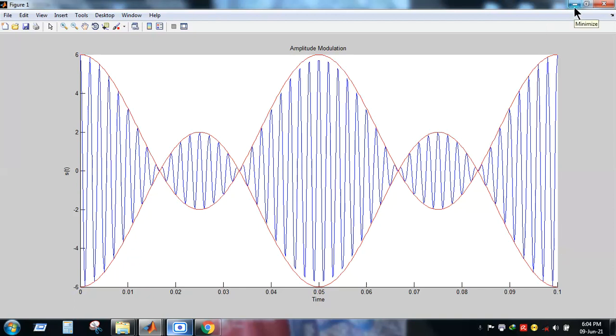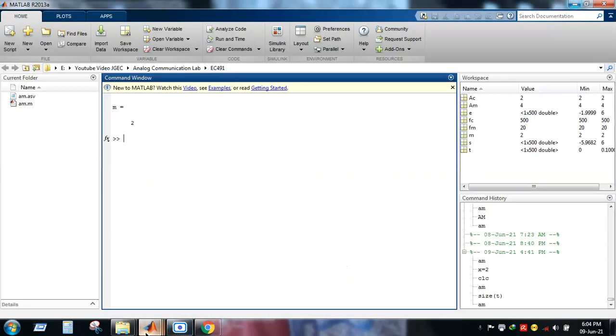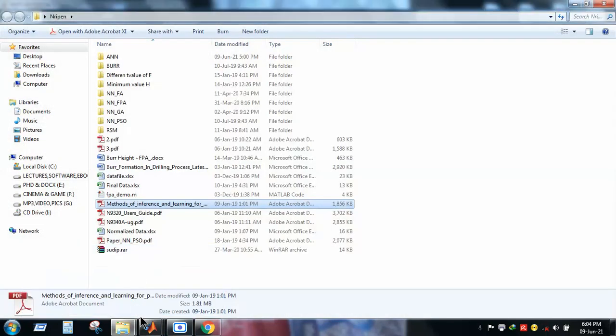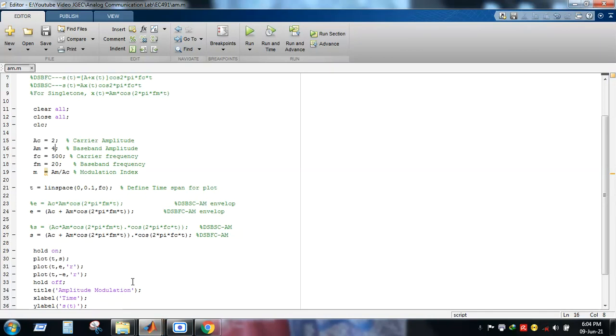In your laptop you can change the value of frequency and amplitude of the carrier and modulating signal. You can set different values and observe the corresponding modulated waveform of the DSBFC signal for different scenarios like over modulation, critical modulation, and under modulation.